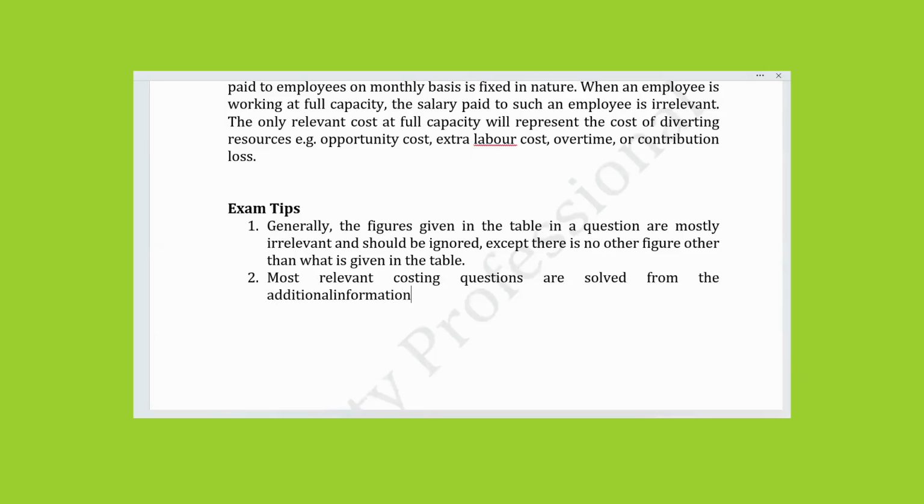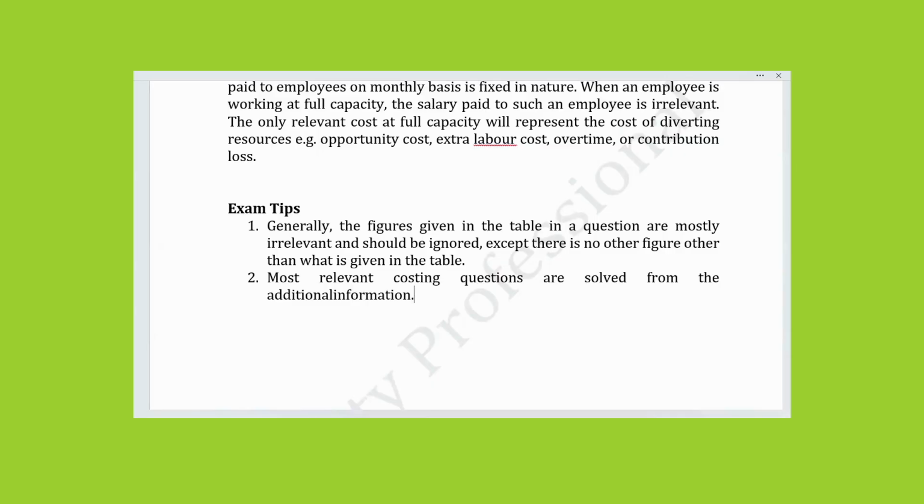That is why what you have in the table is not relevant. The examiner wants you to treat it based on the way the scenario is expressed to you in the question. So you are going to be solving it scenario by scenario, bullet point by bullet point.